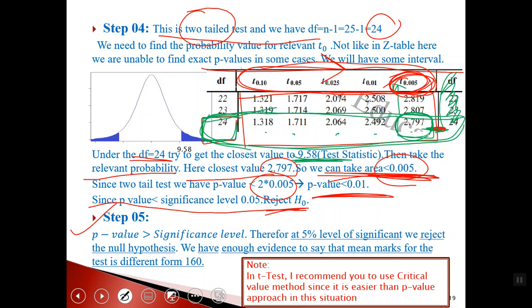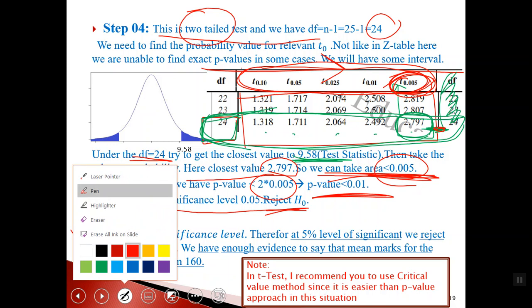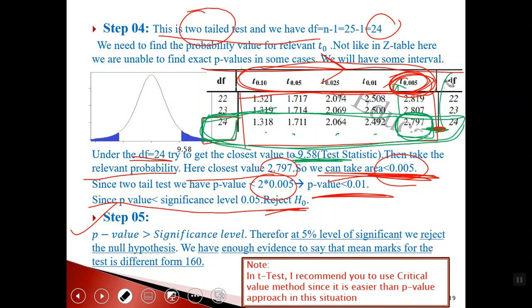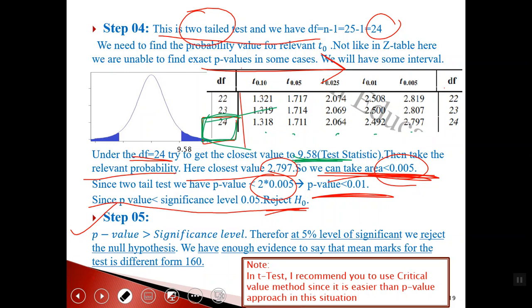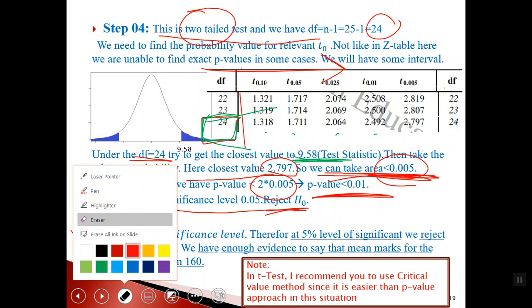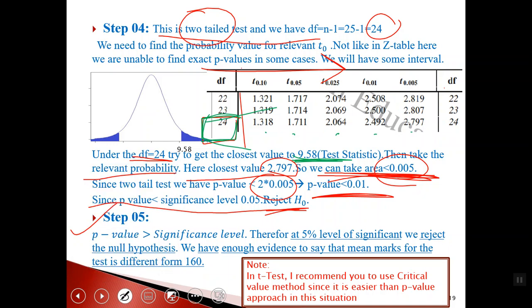Why? Because we don't have enough values to deal with p-values. Let's pick another color. When you are coming from left to right, 0.01, 0.005. When you go somewhere here, it is definitely less than 0.05.